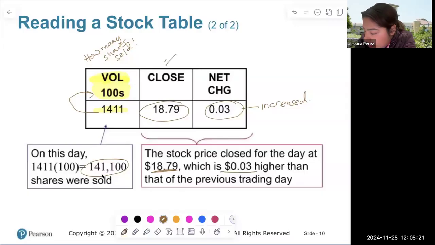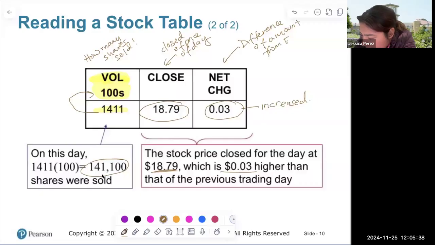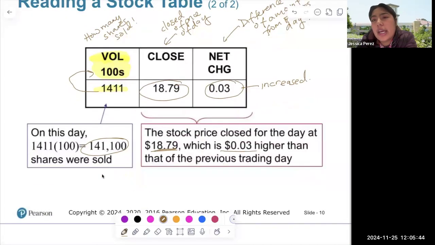This is the closing price of the day, and that will change. The net change is the difference in amount from the previous day.